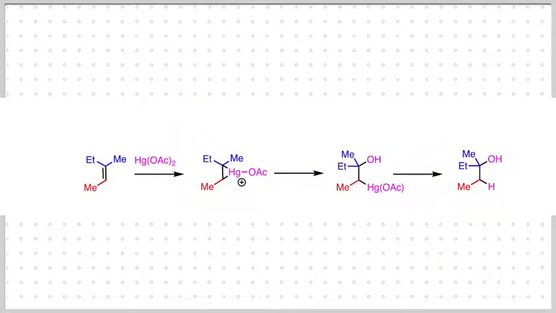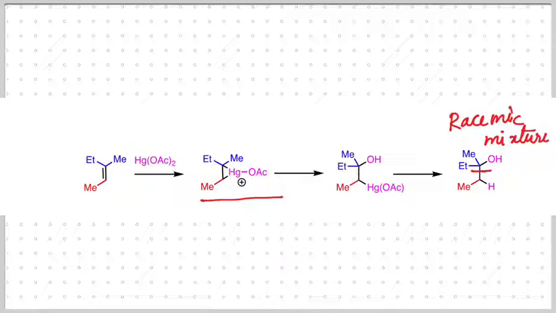So in this product, we are forming a chiral center, right? So what's going to be the stereochemistry of our product? So in this reaction, we will get a racemic mixture. So how do we get a racemic mixture? This is because of this step. So we have a nucleophile, right? And this nucleophile can attack either from this side or from this side, right? So since there is no selectivity for that attack, we will end up with a racemic product.